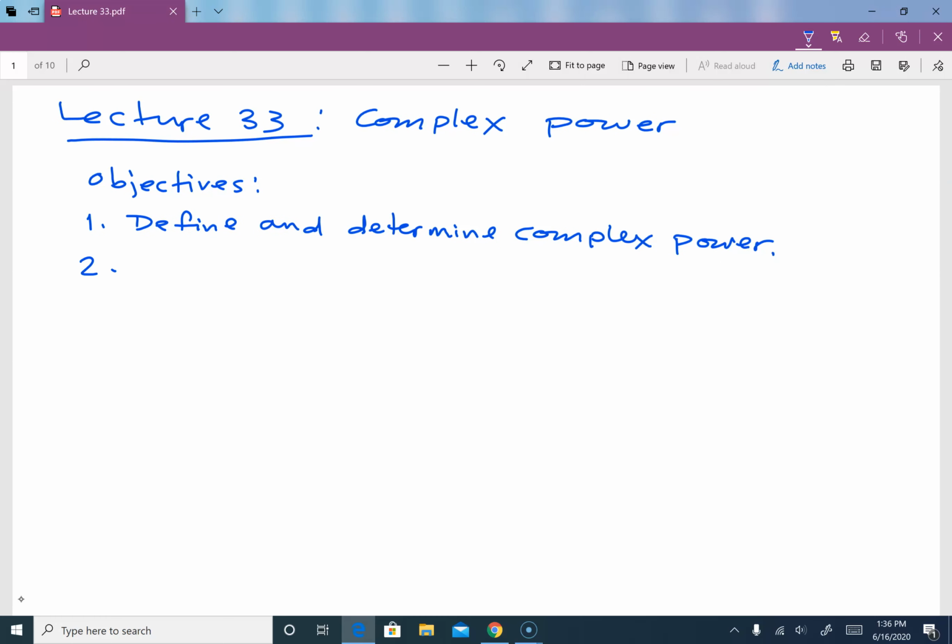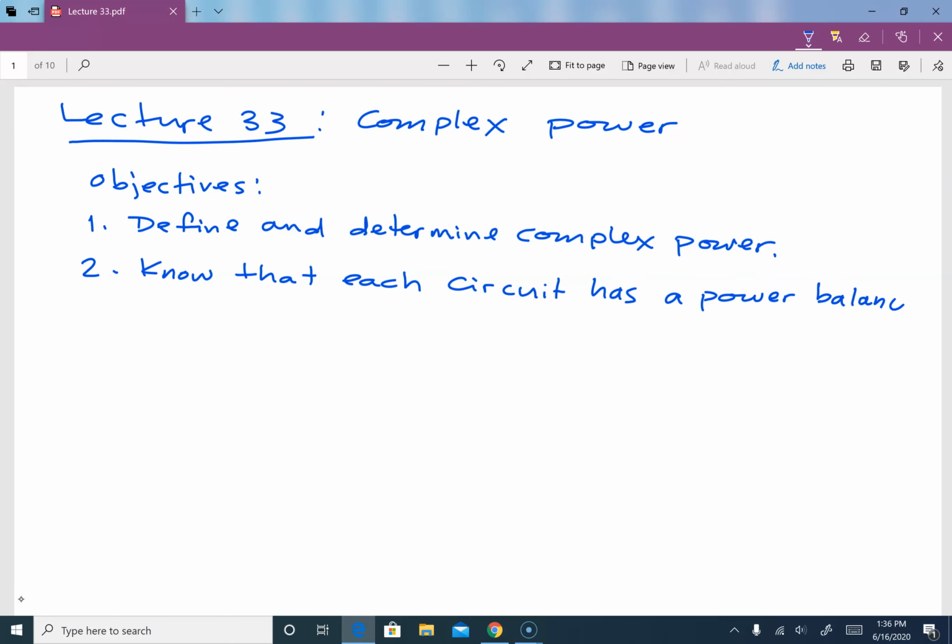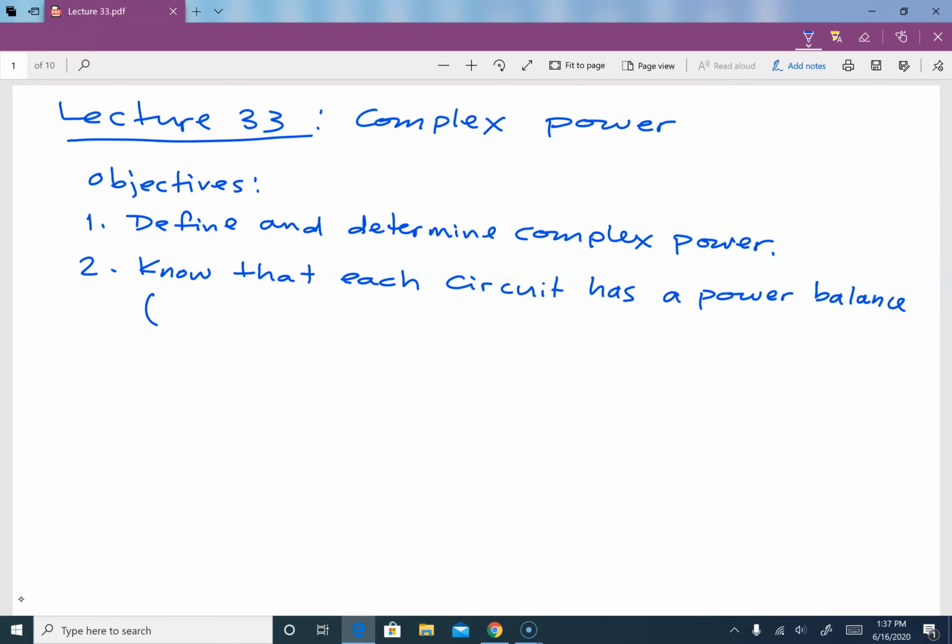And the second objective is to know that each circuit has a power balance, which means that the summation of power supplied is equal to the summation of power absorbed.